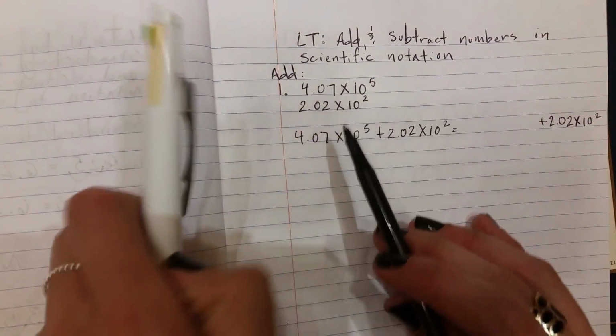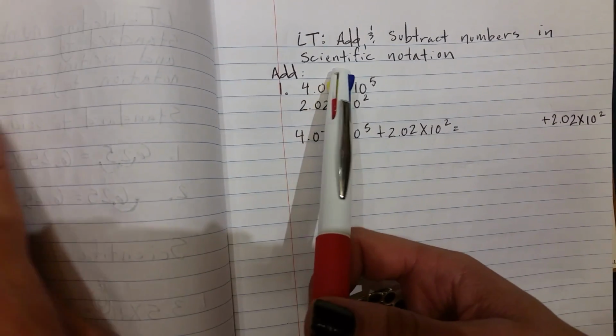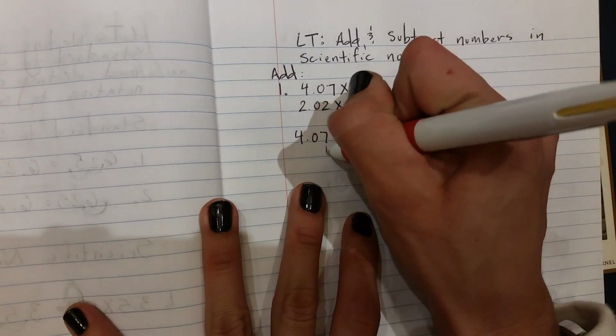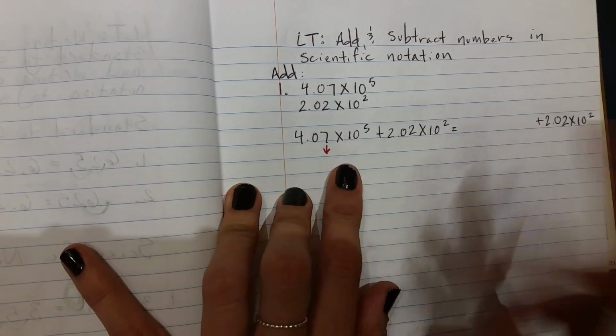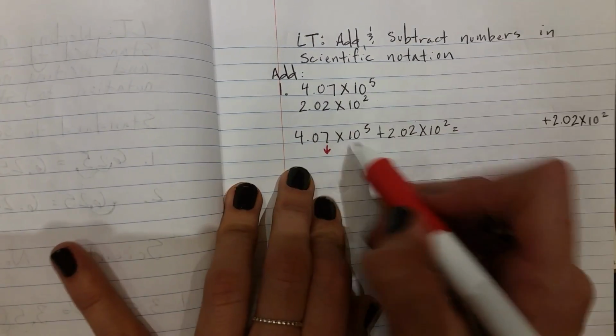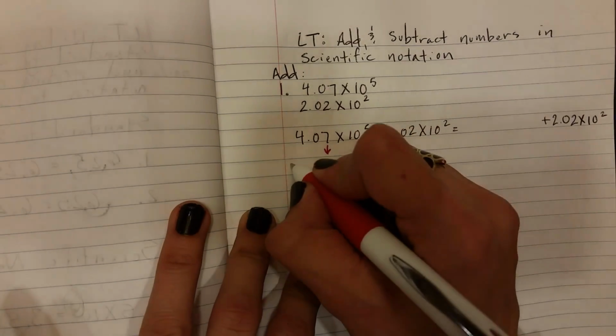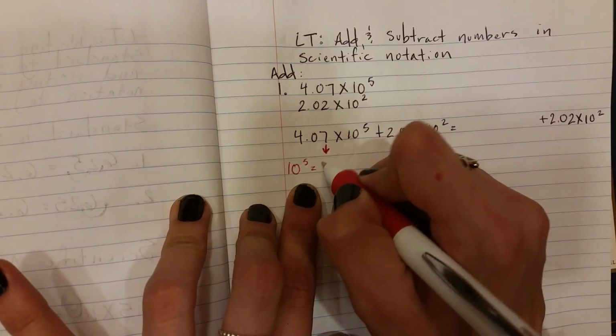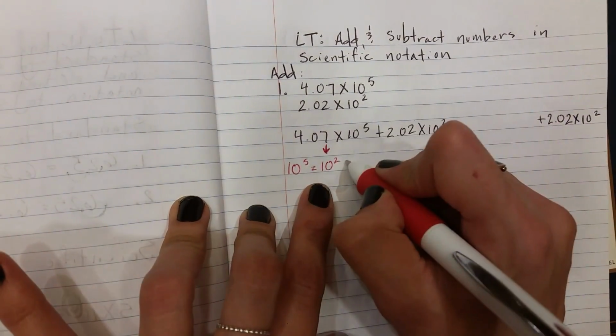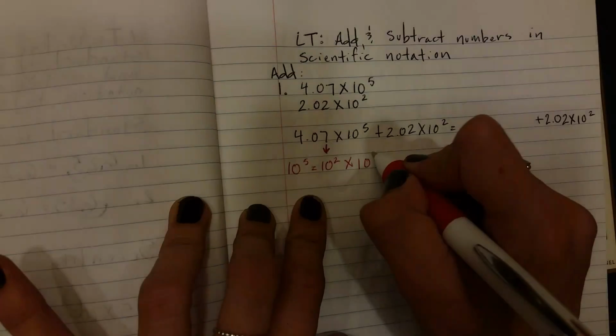All right, now here's where the work's going to come in with a different color pen. I have my red here. I am doing it in a different color pen today because you guys have already done this work. So I have my 10 to the fifth power equals 10 to the second power times 10 to the what?